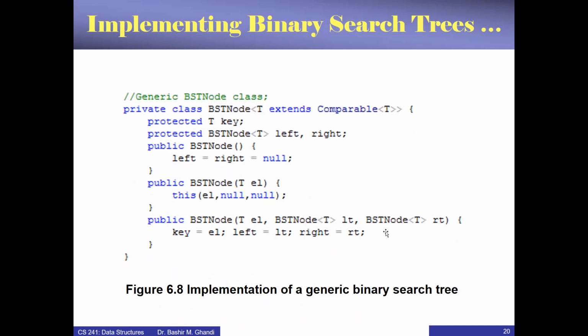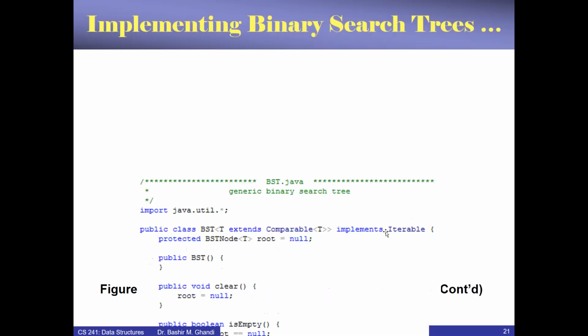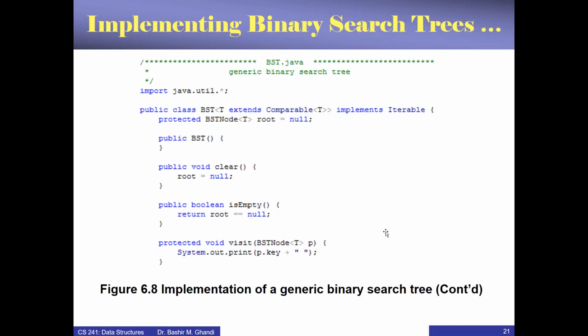After the node class, we now have the binary search tree class. Again, the main point to note is that T has a restriction this time. It is not just any T, but it is a T that is comparable. Other than that, it's the same as DLL. The BST is also iterable, so we put implements Iterable.